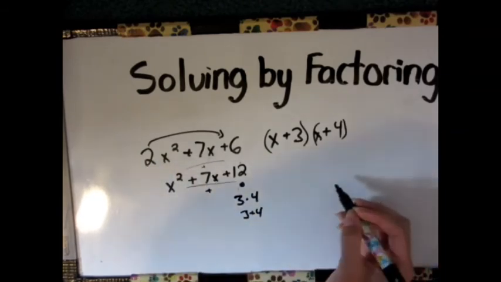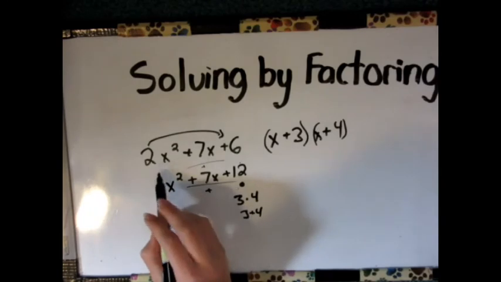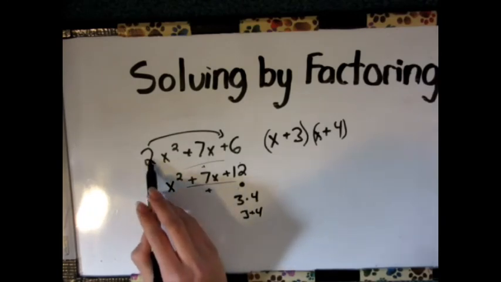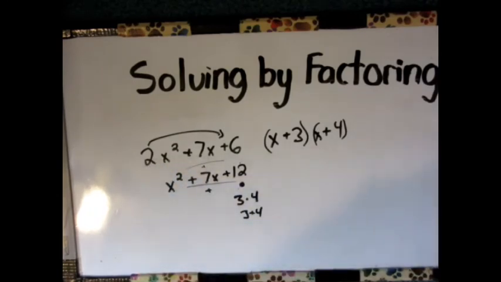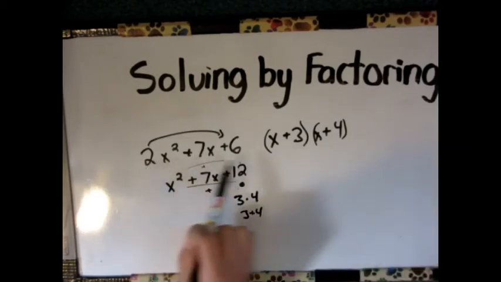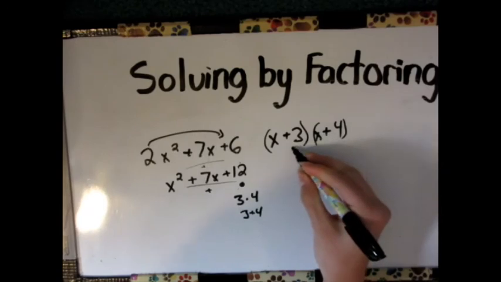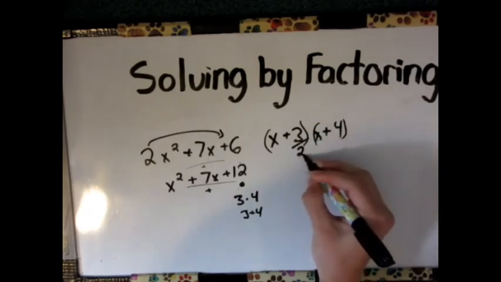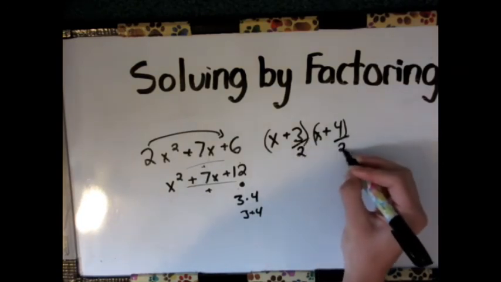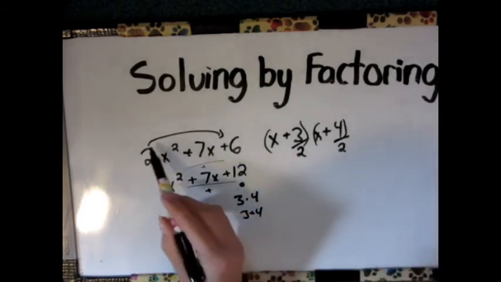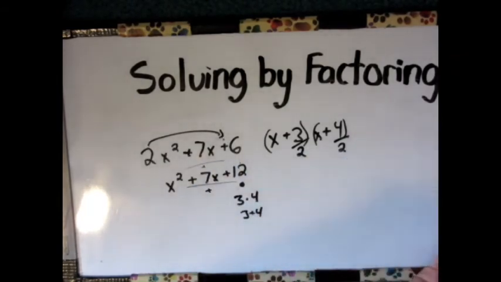So that the solutions we find are solutions of this problem, we have to incorporate the 2 again. So we're going to put the 2 under our factors. You see, slide and then divide.